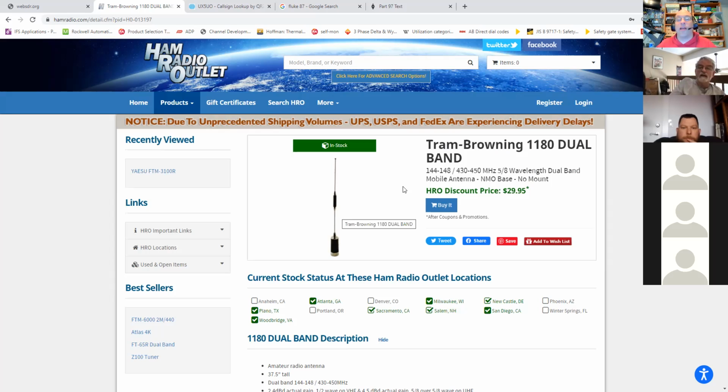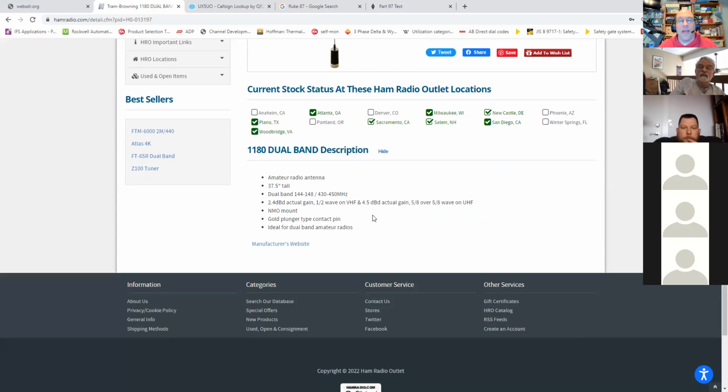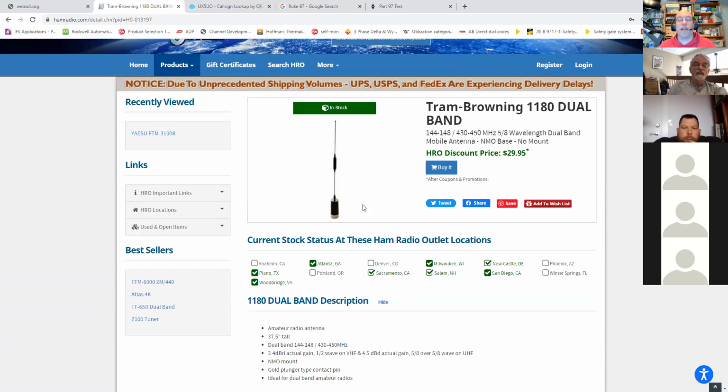So it looks like a short antenna at 430 megahertz. Oh, look, it actually lists the gain: 2.4 dBd actual gain, 4.5 dBd on UHF. Oh, it's 5/8 over 5/8. Okay, that's actually a pretty nice antenna.